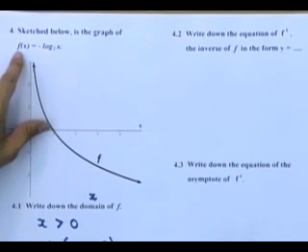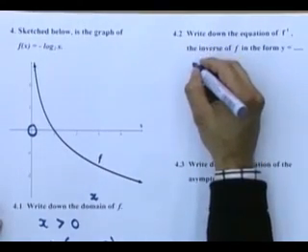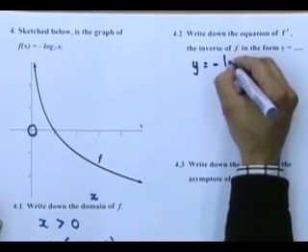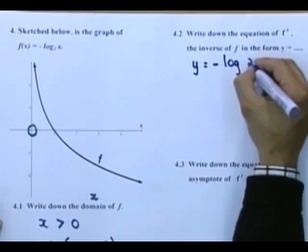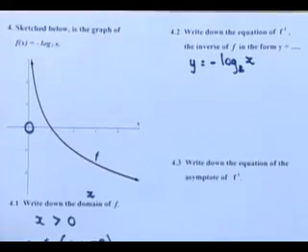So remember, it's given as f(x) equals negative the log of x with base 2. But what we know, it also means y equals negative log of x with base 2, right? That's a negative log graph. Now, if you think very carefully, you know it's going to be quite obvious that your answer should be a negative exponential graph, right?